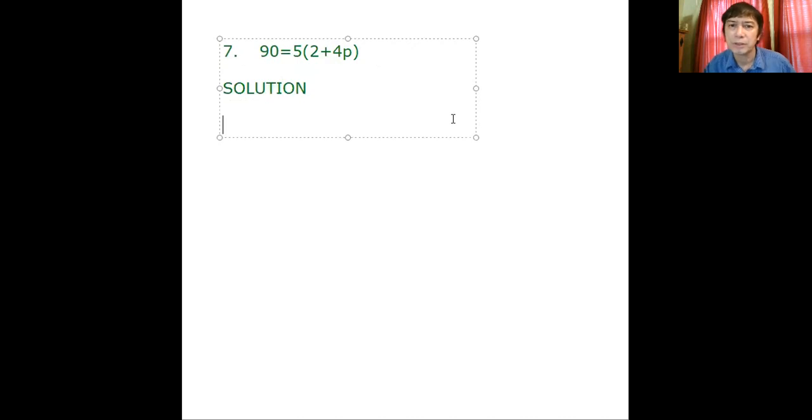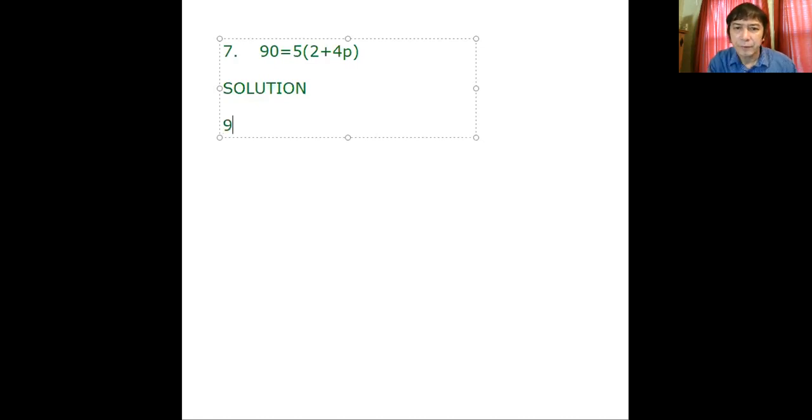Or you can do another way by multiplying the terms inside by the 5. That will make the numbers larger. But the way I do it, if I can see something I can divide, making the number smaller, I proceed that way.